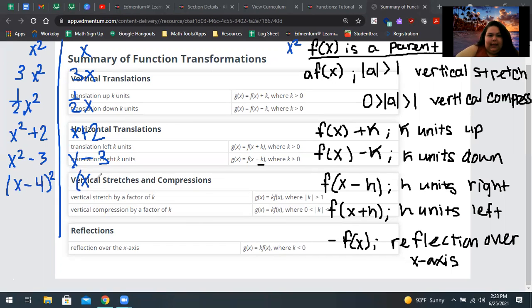It could be f of x minus 4, or just x minus 4, which means it is 4 units to the right. Now this one looks very similar to what we just saw up here, but it's the inside notation that makes the difference here.